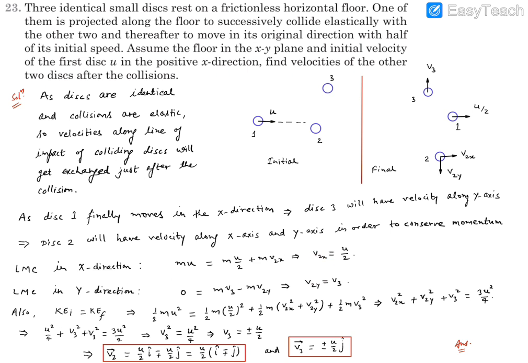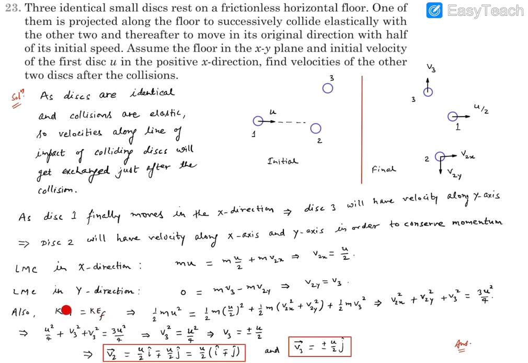So collisions are elastic. We can use this condition because in case of elastic collision, total kinetic energy gets restored. Whatever the kinetic energy was initially, that will come back later on. So initial kinetic energy must be equal to final kinetic energy.